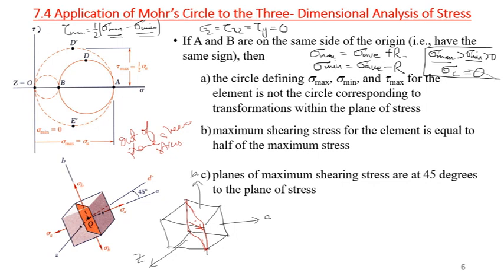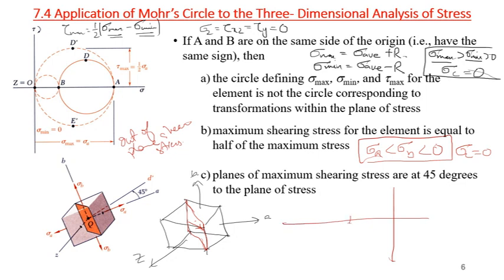Now, the maximum out of plane shear stress can also occur if sigma A and sigma B both are less than 0, meaning sigma A and sigma B are my principal stresses, whereas sigma C is equal to 0. Now both are compressive in nature. If I draw Mohr circle for this case, let's suppose this is my sigma A, this is my sigma B, right?